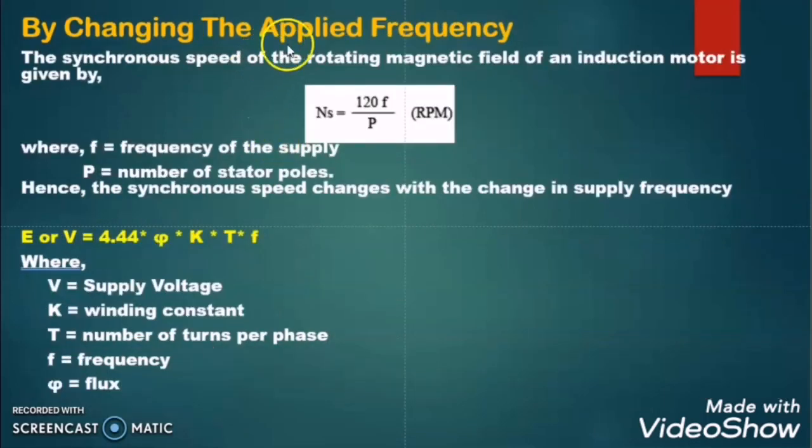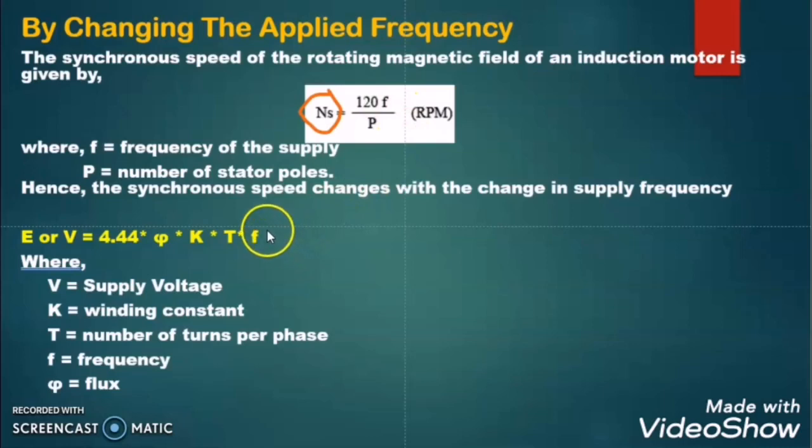After voltage, we tried to change the frequency in order to control the speed of the motor, which is very clear from this formula: when we change the frequency, we can change the synchronous speed of the motor. But as we change the frequency, we get some consequences.